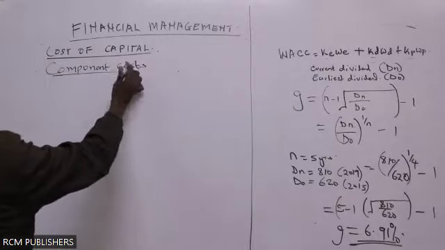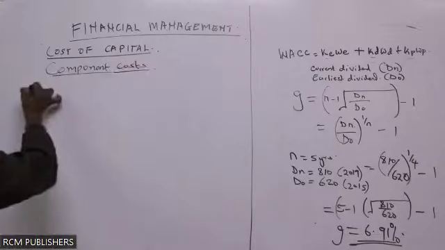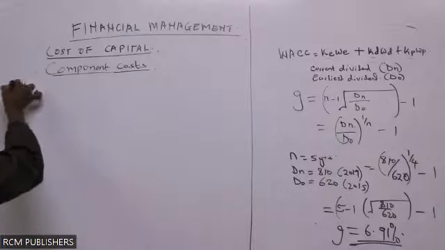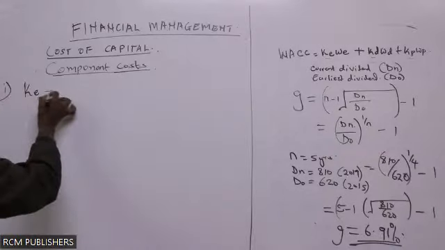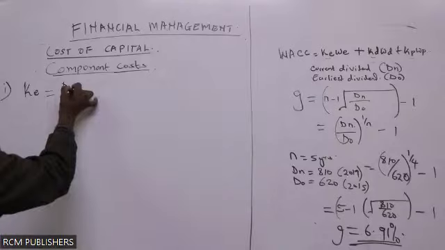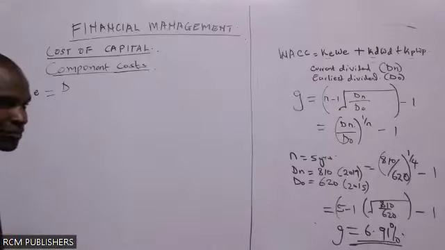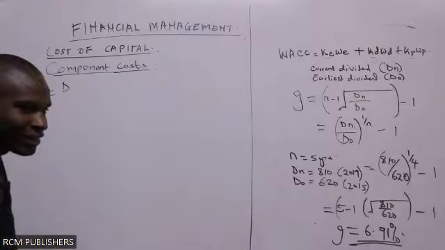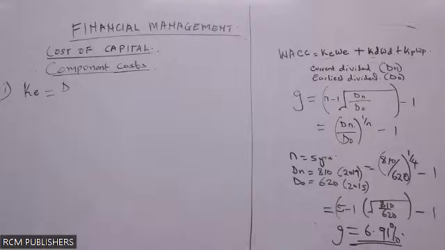I know my component cost of KE, say 1, is equal to D0. Give me this formula of getting the component cost.